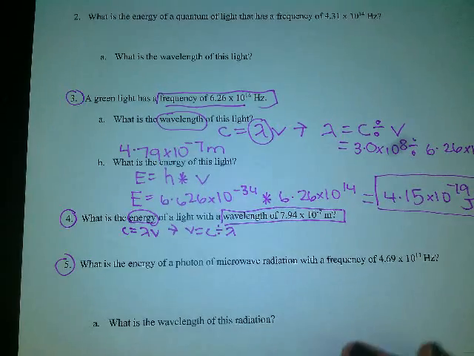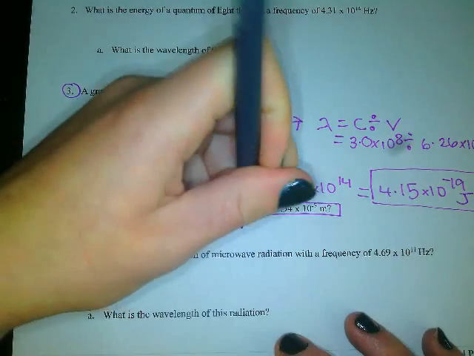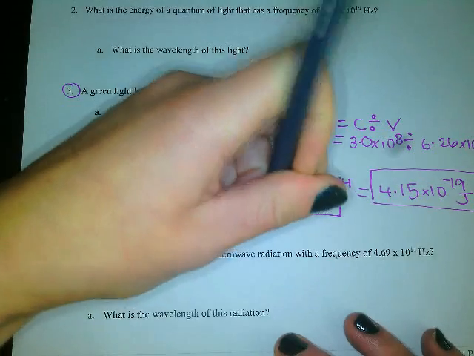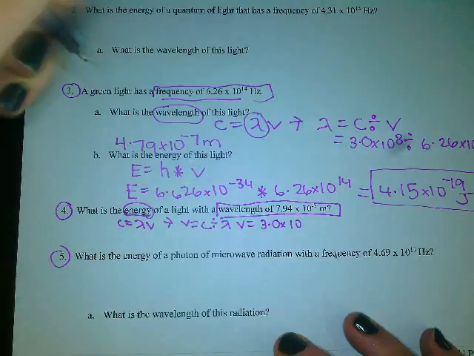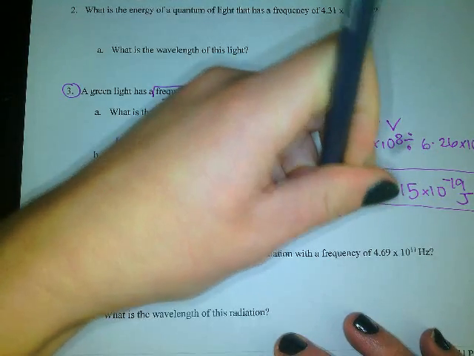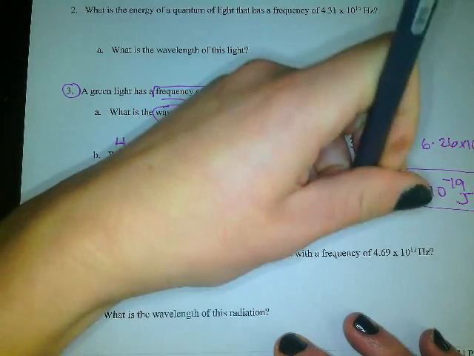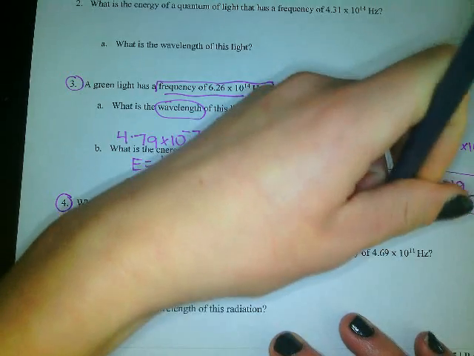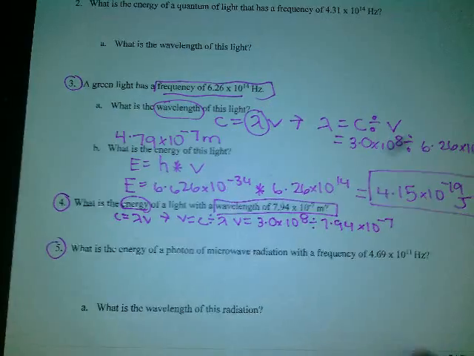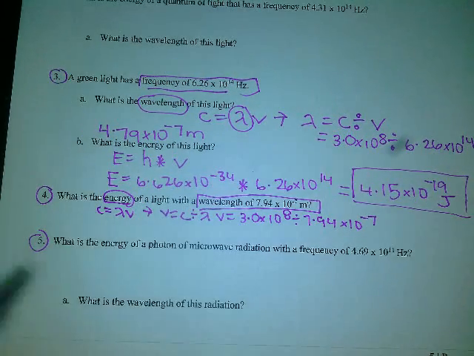So V is equal to 3.0 times 10 to the 8th divided by 7.94 times 10 to the negative 7, and that is going to give me the information I need to plug into my E.